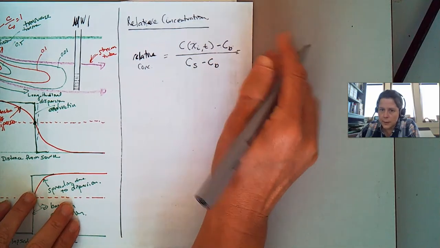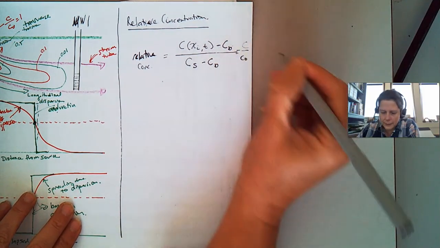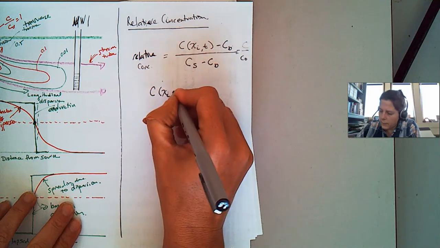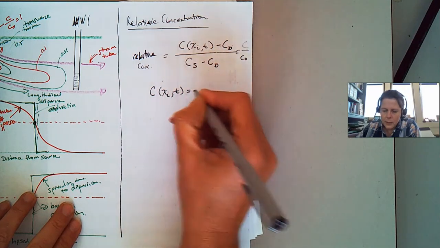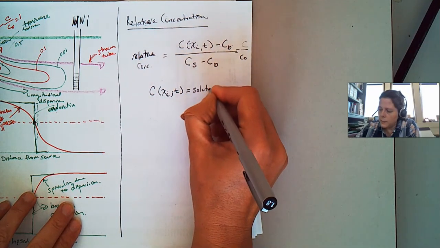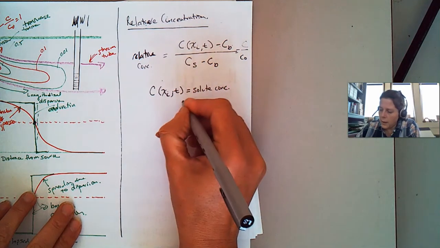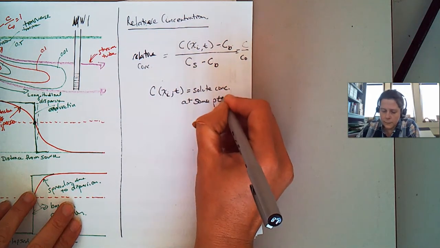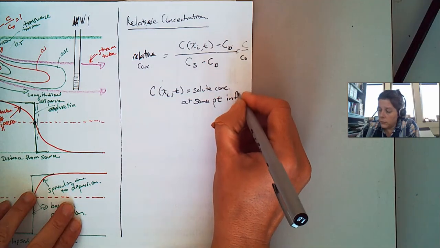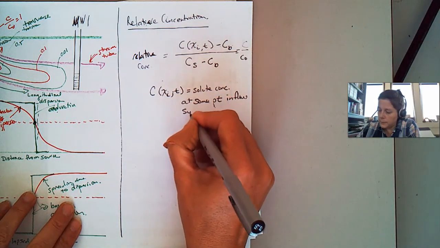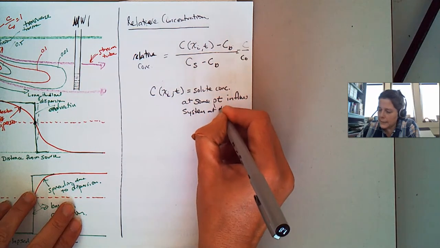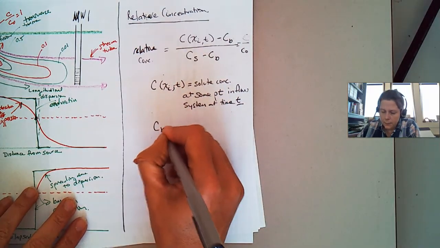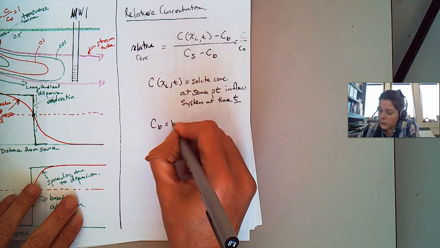And we also look at this as C over C naught. Okay? So C(x_i, t) equals the solute concentration at some point in the flow system at time t. Okay? Cb is the background concentration.